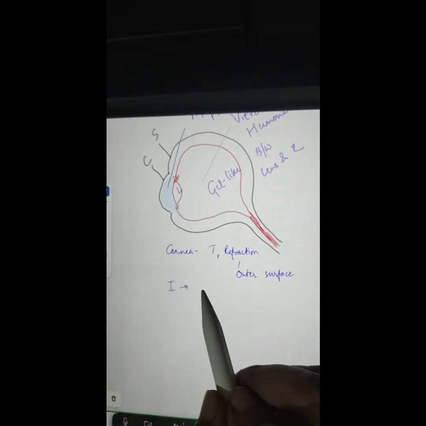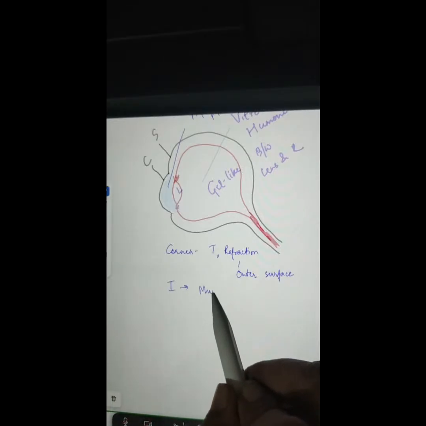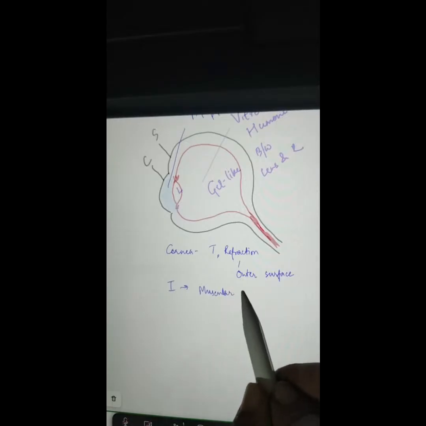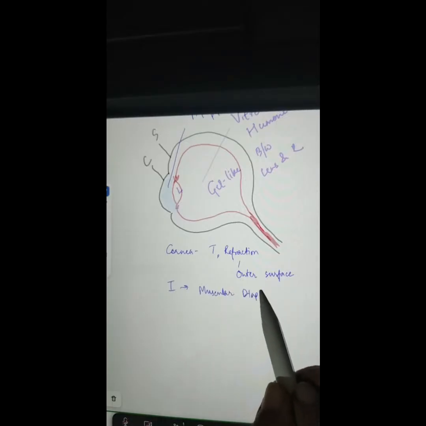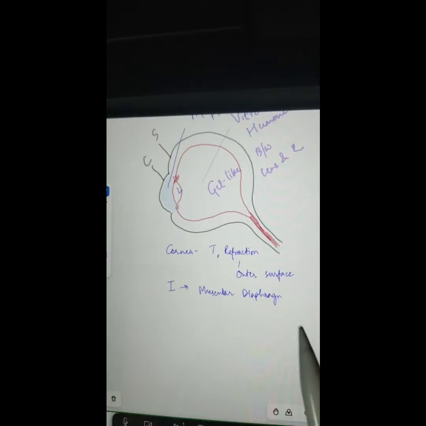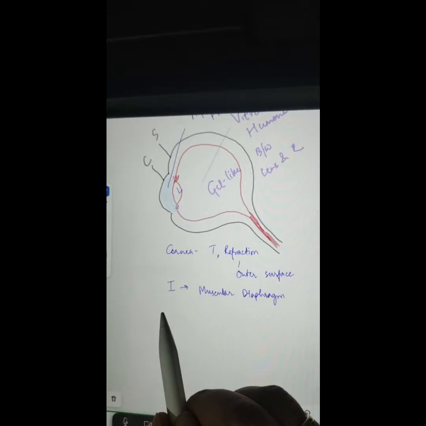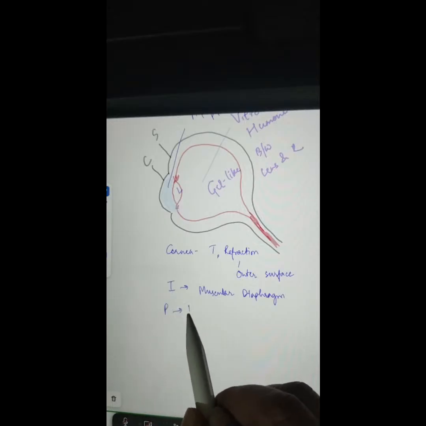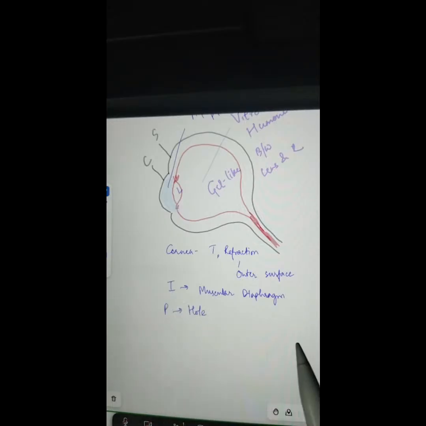Iris is the muscular diaphragm because it is composed of muscles, and it may contract and relax to regulate the amount of light for the pupil. Pupil is actually the hole into which light goes in, right? So, in case we are sitting in the dim light, the pupil will be dilated. In case we are in the bright light, it will be narrow so that a limited amount of light can go into your eyes.